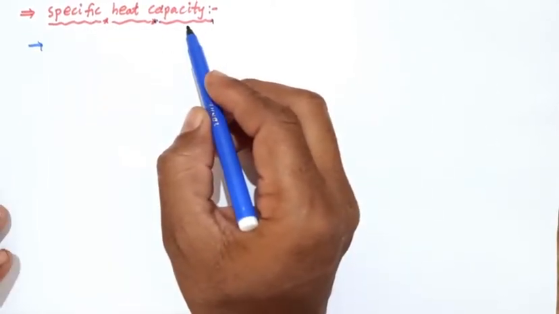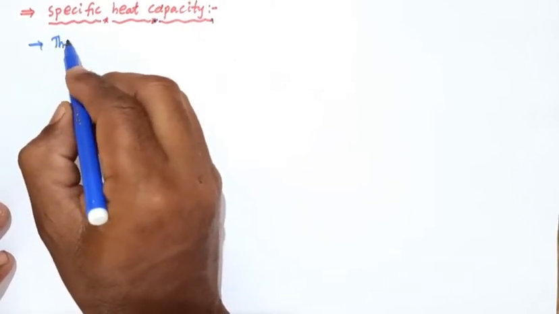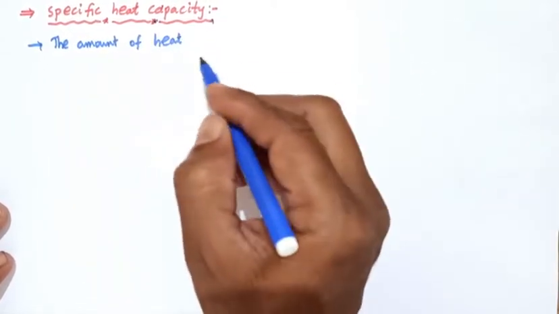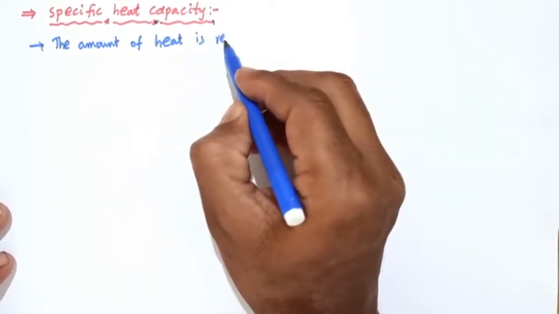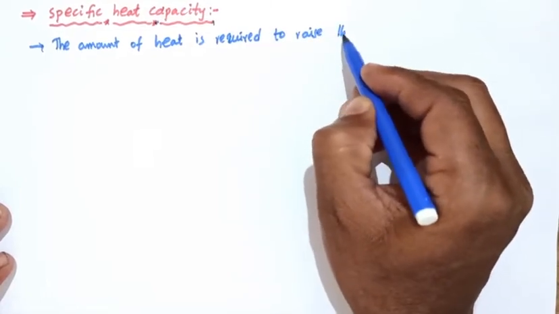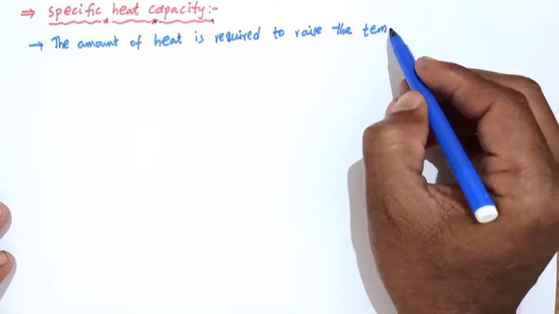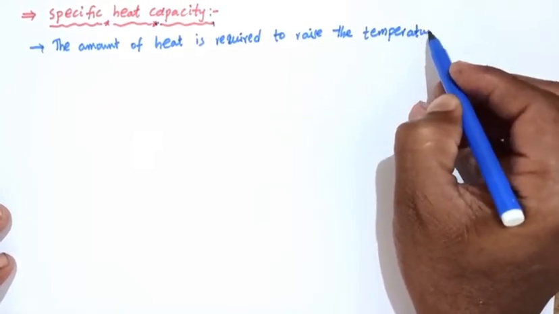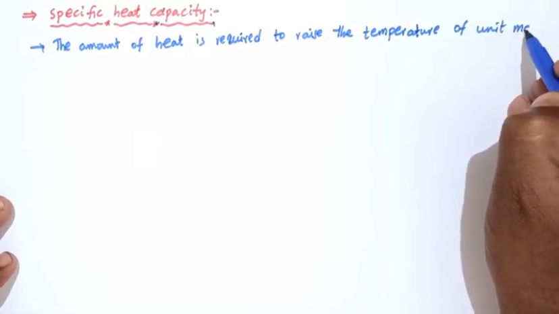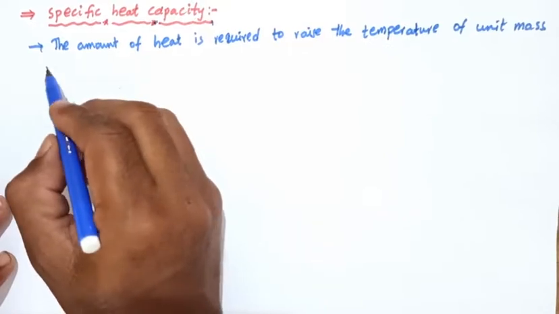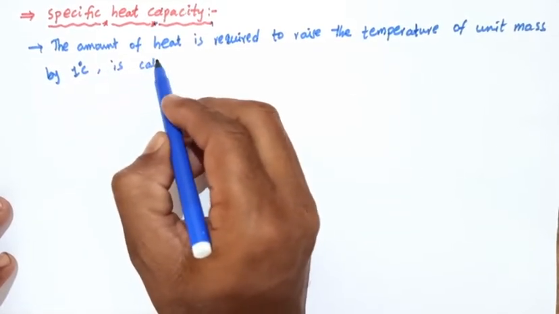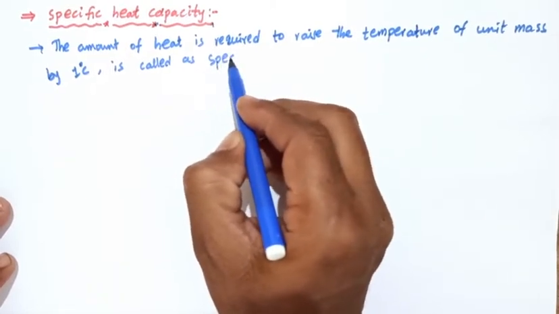Specific heat capacity is the amount of heat required to raise the temperature of unit mass by 1 degree Celsius.